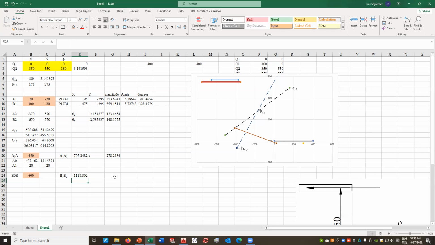And S for that is SQRT, open up parentheses, this value squared, minus, open up parentheses, this value divided by 2, close parentheses, squared, close parentheses, okay.